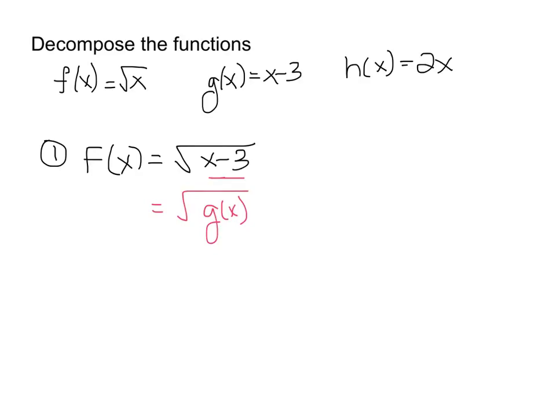And if you think about it, we're trying to plug g of x into the square root function. So we can think of this as f composed with g of x, because we would evaluate g at x, which would give us this x minus 3, and then to take the square root, that's applying the function f next.